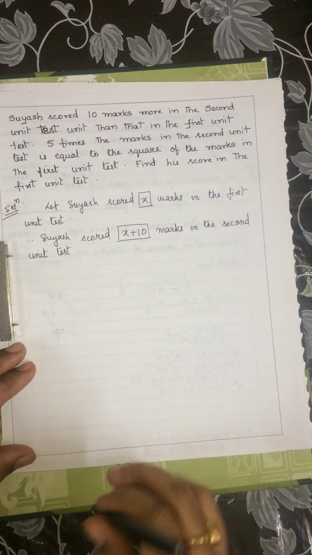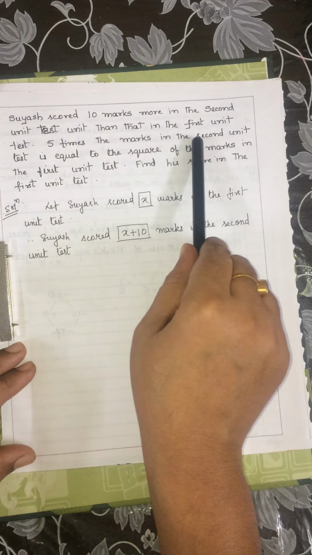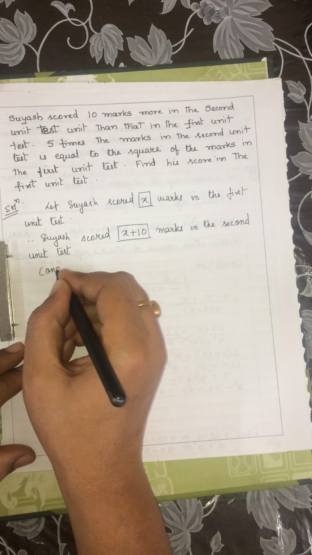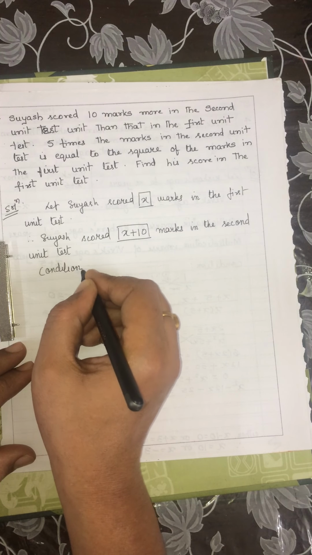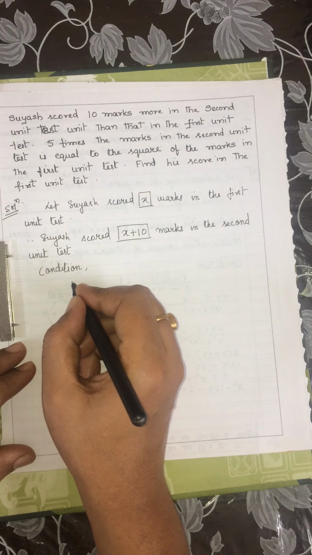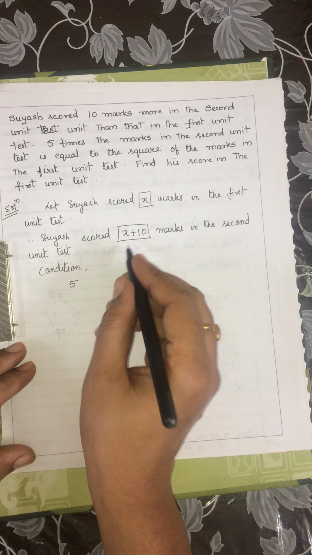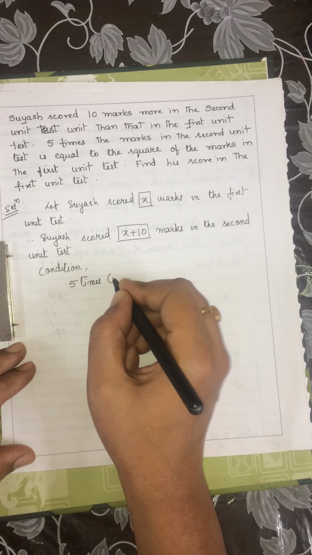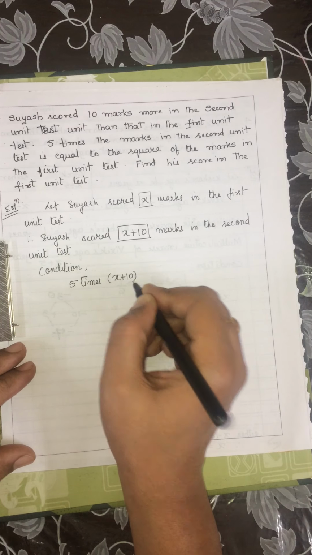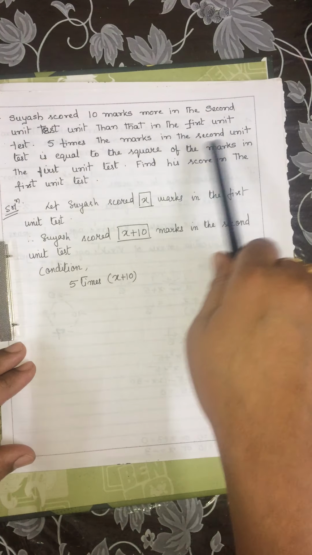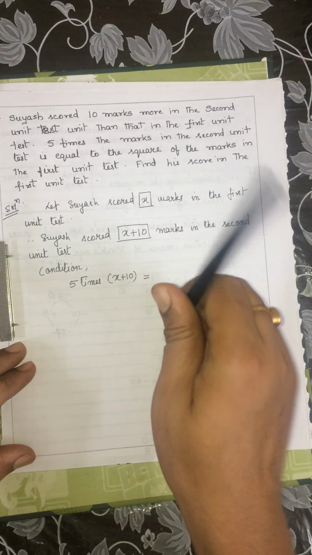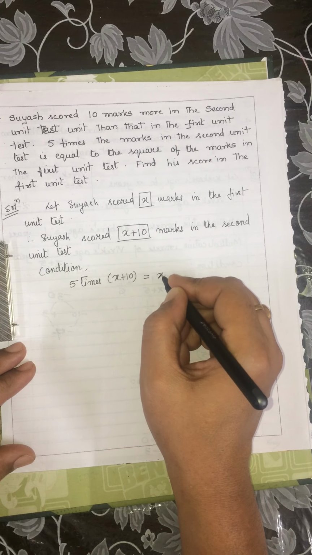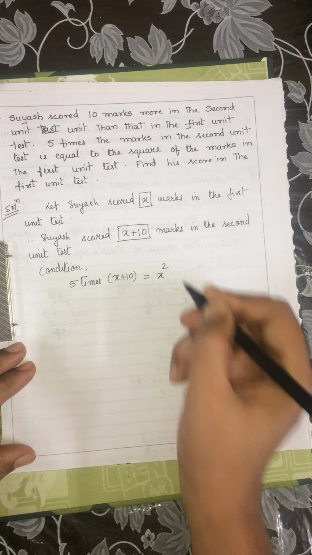Alright. Now what else is given? Let us see. 5 times the marks in the second unit test. Now a condition is given to us, children. 5 times the marks in the second unit test is equal to the square of the marks in the first unit test. Means the first unit test he got x, square of that.